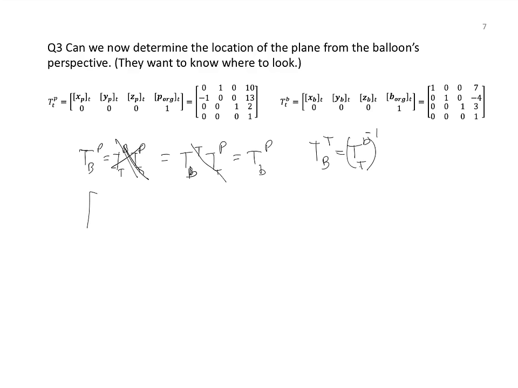Let's find the inverse. The easiest thing to do with this is just going to be our good old Gauss-Jordan. So let's put the transform t to b right here, which was 1, 1, 1, 1, 0, 0, 0, 0, 0, 0, 0, and 7, minus 4, 3. We'll augment that with an identity. Okay, and so we need to get the left-hand side of that matrix to look like an identity.